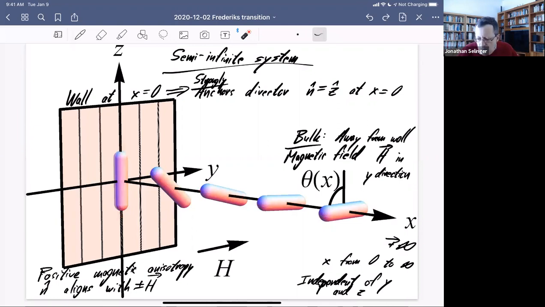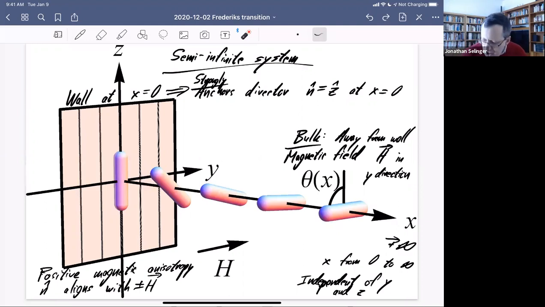And so we want to say, well, what is the director as a function of the X coordinate as we're going outwards from the wall? Okay. So is the question clear, if not the answer? Okay. Yes, you're good with that? Okay.